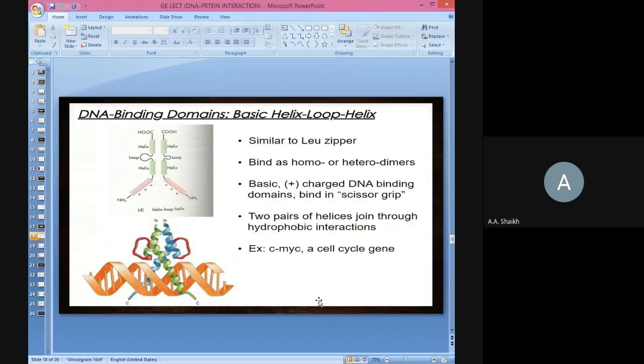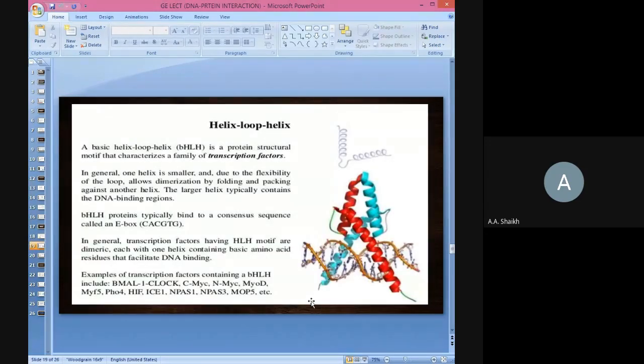This size differentiation exists because they want to fold properly and have proper flexibility in the complete structure. They want to dimerize, with all the folding and packaging together, and then perform their ability to interact with the specific DNA molecule.